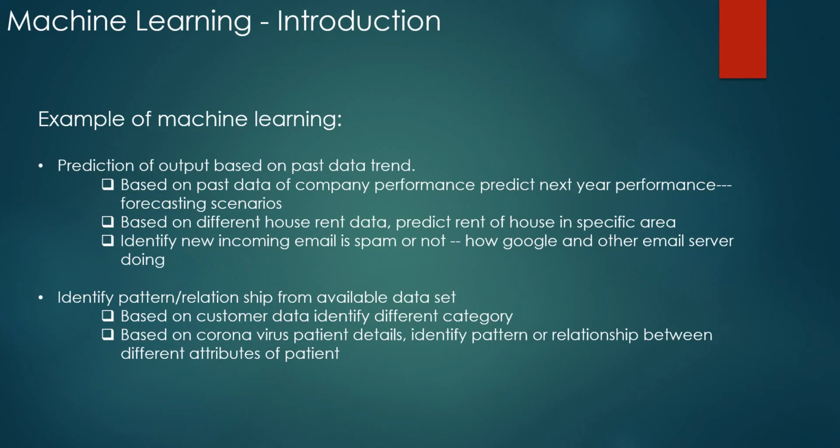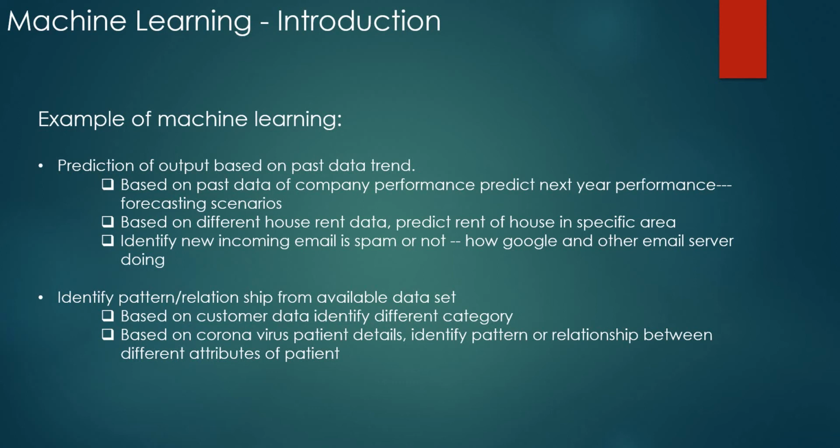Here we will just try to understand two different kinds of machine learning problems. One is the prediction of some kind of output based on the past data trend. So we have some past data available for a data set, and we want to do some prediction based on the past data.